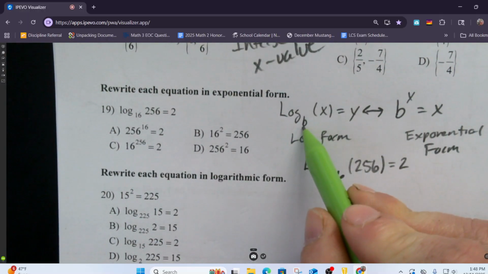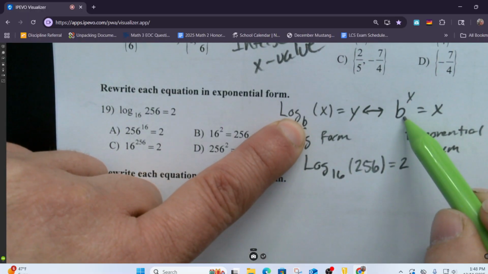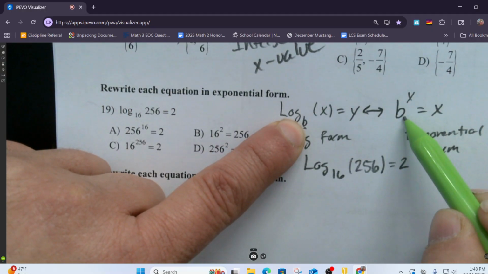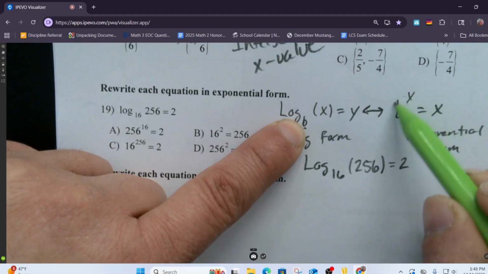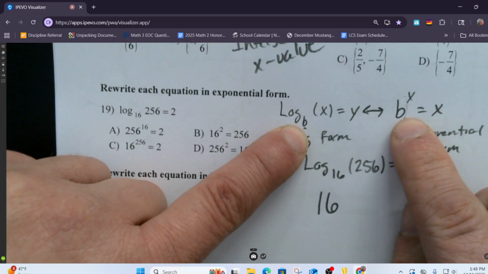Notice the base in the logarithm is the same as the base in exponential. So what's going to be your big number? 16. The base is your big number, right? So now, just knowing that, the bases are the same.